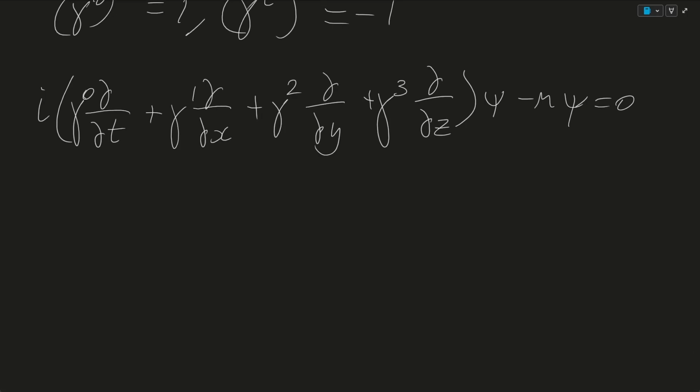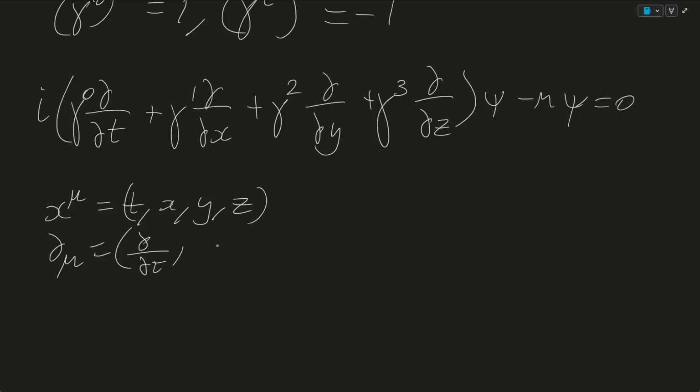So we can use 4-vector notation. To say, for example, x to the mu is equal to t, x, y, z. So this is just the position x at some point mu in space-time. Mu is possibly a Minkowski metric, but it's unknown. And then partial sub mu is just the partial derivative with respect to each of these things.